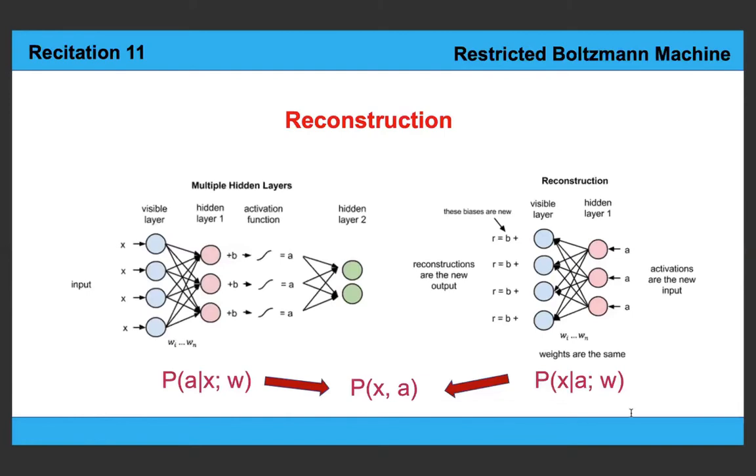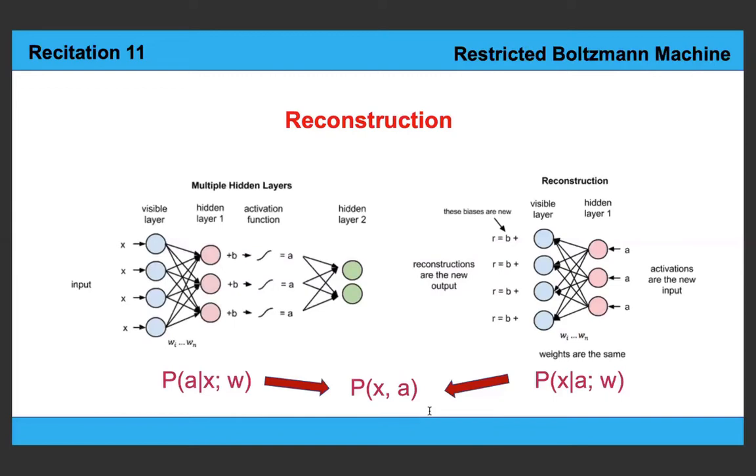And combining those two things together using the total probability formula, we can get a joint distribution between x and a, where a is the activation. This is quite similar to what is known as the generative model. As a whole, the reconstruction is making guesses about the probability distribution of the original input.